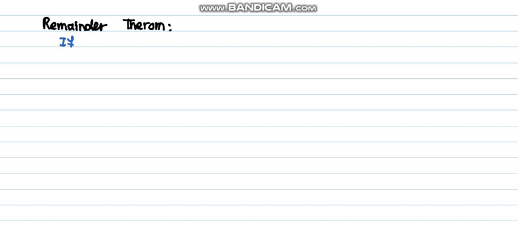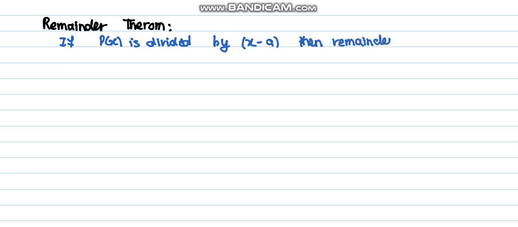If p of x is divided by x minus a, then the remainder is p of a.